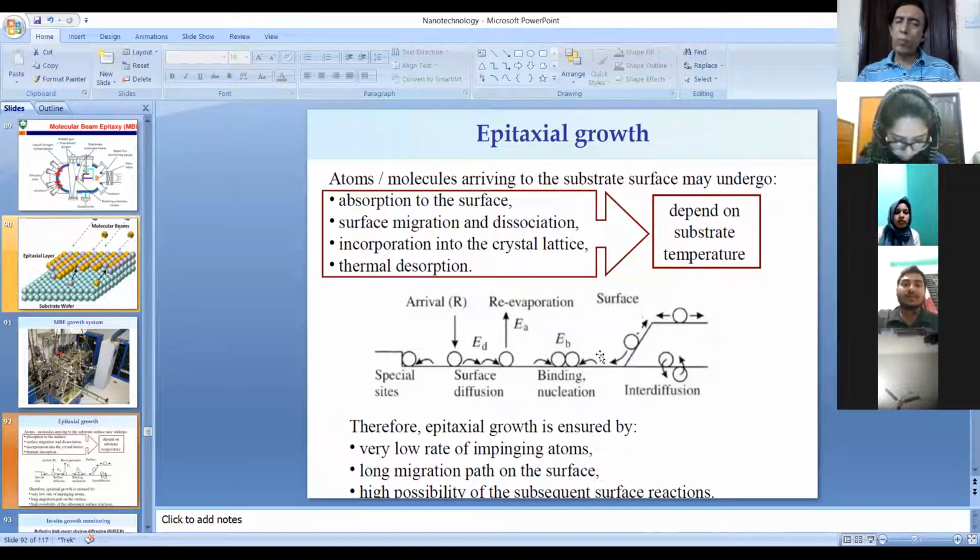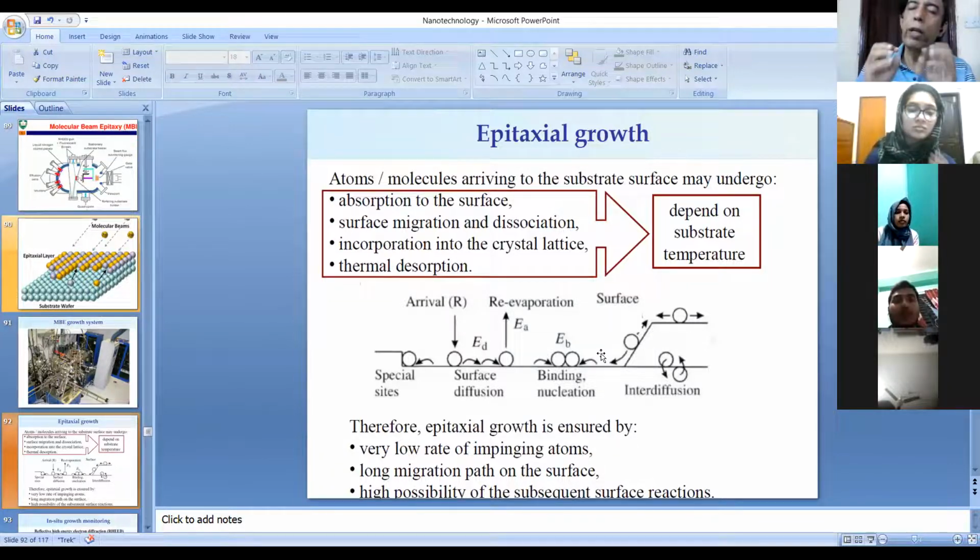So there are some possibilities of where the atoms will go, and it is determined by the temperature of the substrate and sometimes the movement of the substrate.